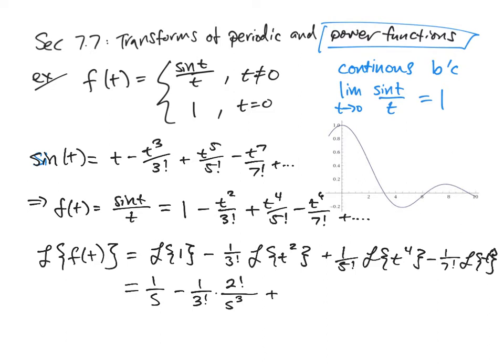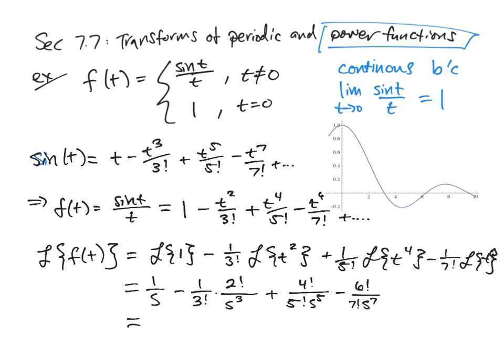Then we get 4 factorial over 5 factorial s to the 5th, and so forth, then 6 factorial over 7 factorial s to the 7th.